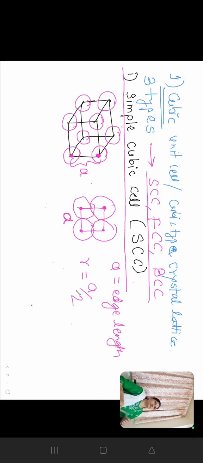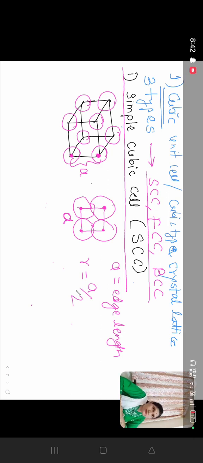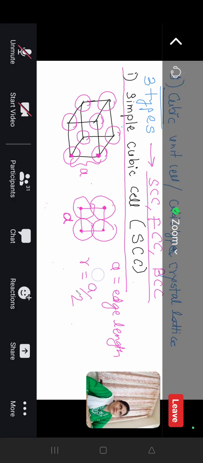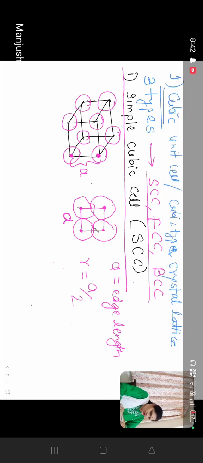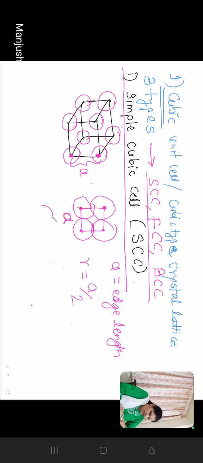Ma'am, means they are very close to each other and they overlap. They don't overlap actually. You have to write like this. Actually it should be like this.